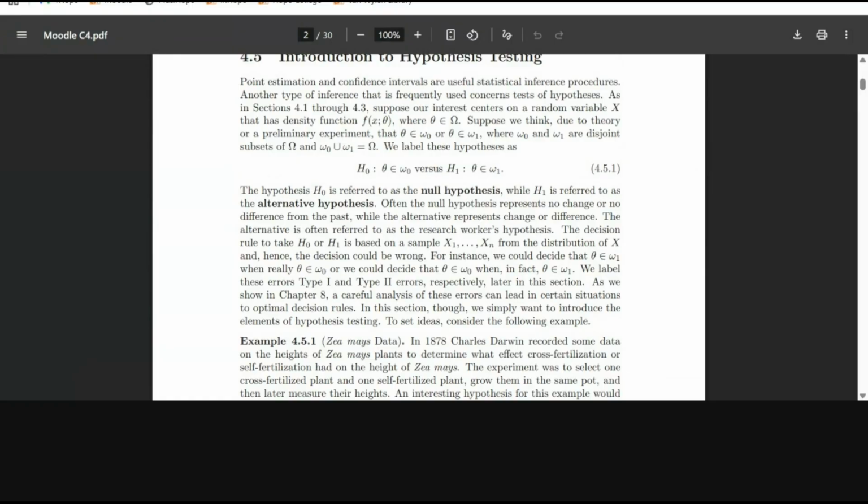If I decide, based on my data, the evidence on the data, I make the decision to, all right, reject the null. But the null is actually, yes, okay.